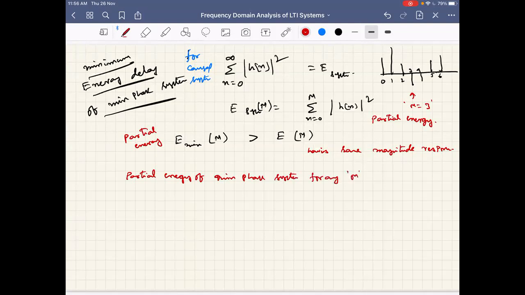Okay, m need not be a specific value. It can be any value.